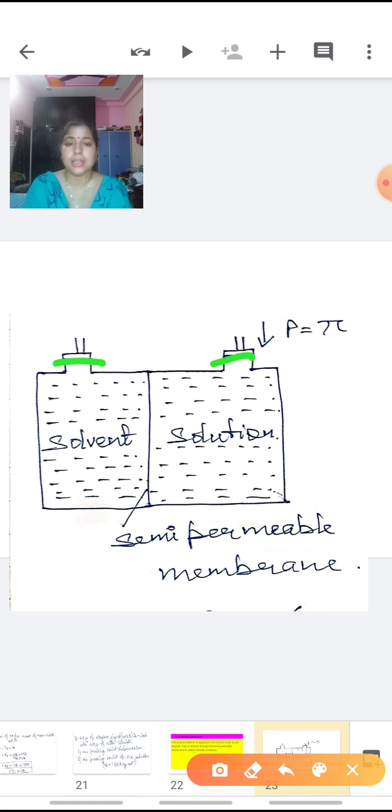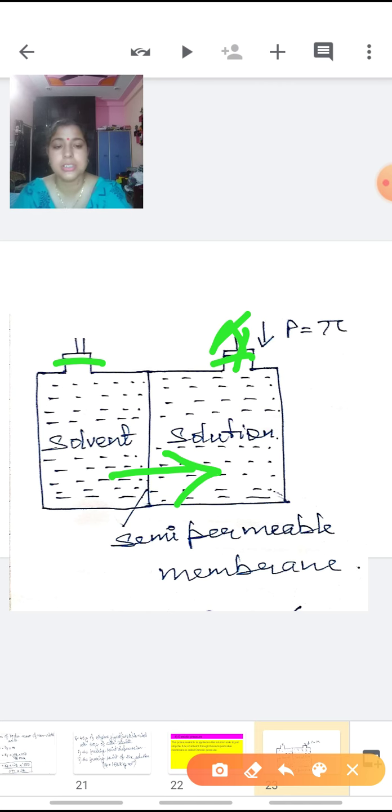Now, when the concentration of the solution is less, what will happen? The solvent will move through the semi-permeable membrane towards the solution side. This will pull the piston upwards because the quantity is increasing.